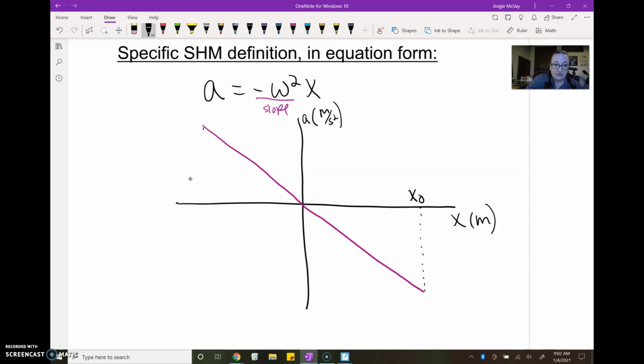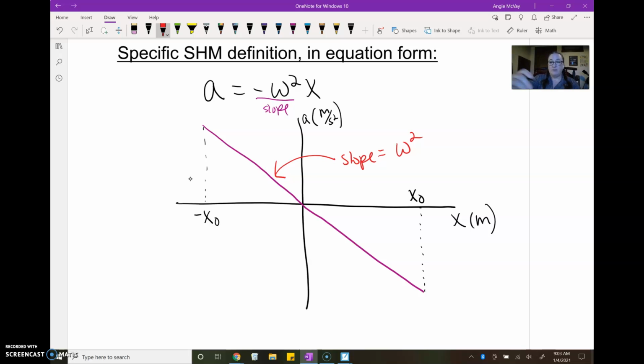On the other side, on the negative end of the x-axis, you'd get the negative maximum displacement. And this line should be symmetrical. If you find the value of the slope of this line, the absolute value should be omega squared.